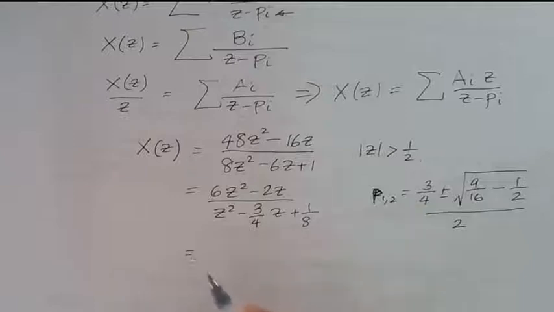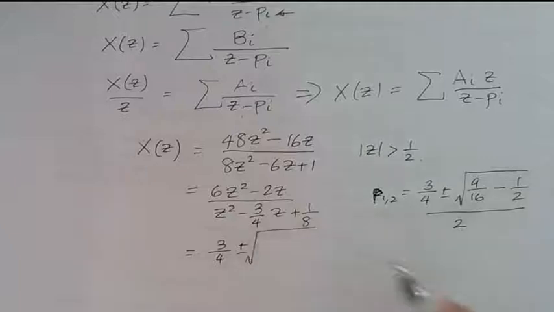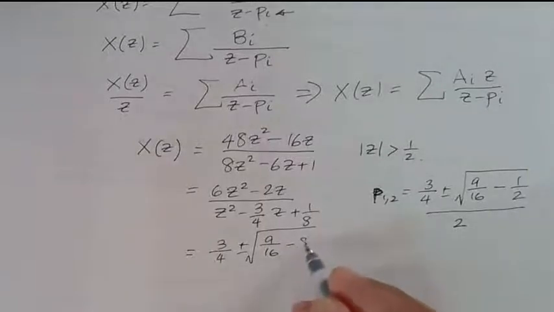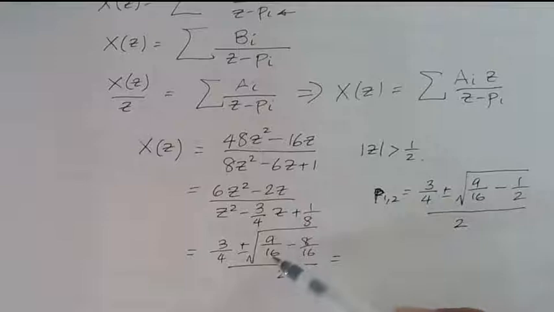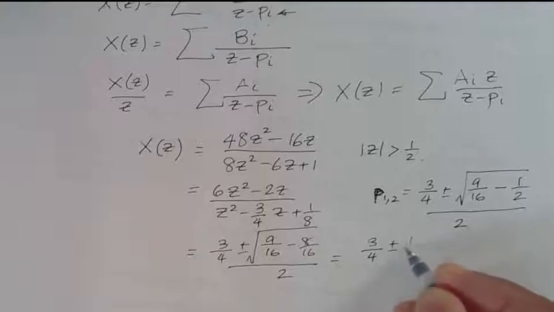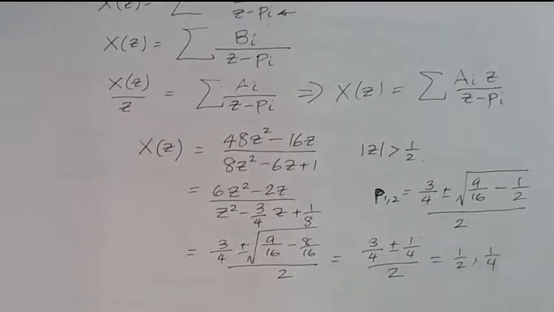That's equal to 3 over 4 plus minus the square root of 9 over 16, and I can write 1/2 as 8 over 16, divided by 2. So 9 over 16 minus 8 over 16 is 1 over 16. The square root of 1 over 16 is 1 over 4, so this becomes 3/4 plus minus 1/4 over 2. If I take the plus, 3/4 plus 1/4 is 1, divided by 2 so I get 1/2. If I take the minus, 3/4 minus 1/4 is 1/2, divided by 2 is 1/4. So my poles are at 1/2 and 1/4.